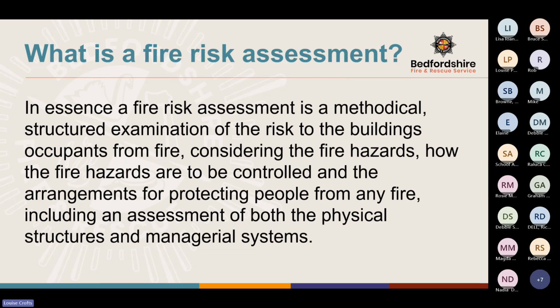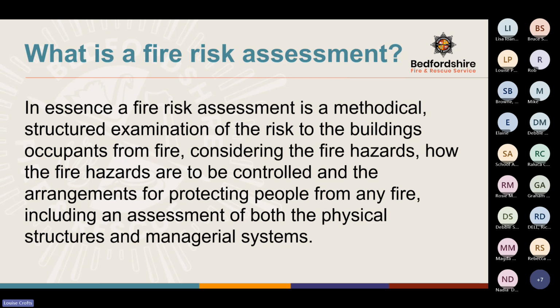So looking at what hazards there might be in a building, how can we control those hazards? How can we reduce them or eliminate them entirely? That's the ideal thing to do, but that's not always possible. What arrangements can we put in place to help protect people from fire?